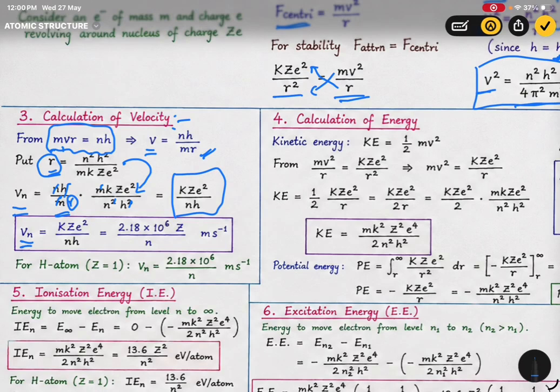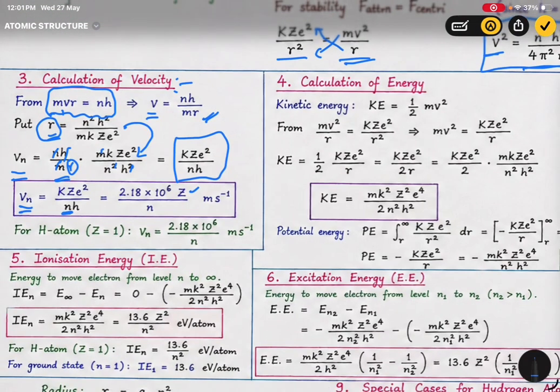So the velocity of the nth electron is 2 pi K Z e square by nh. Here also, except z and n, all the rest are constants, so taking the values we write 2.18 into 10 power 6. That is the velocity of the electron.